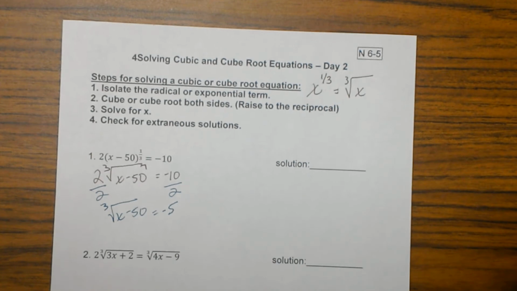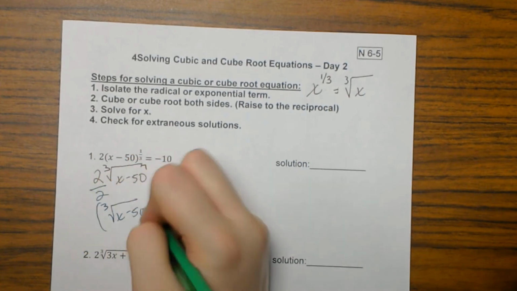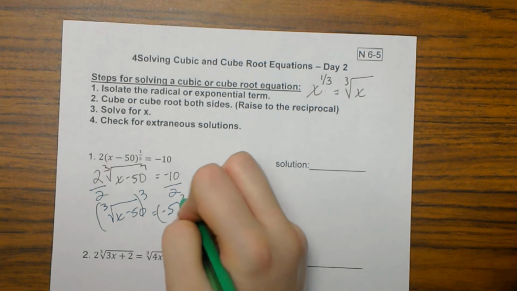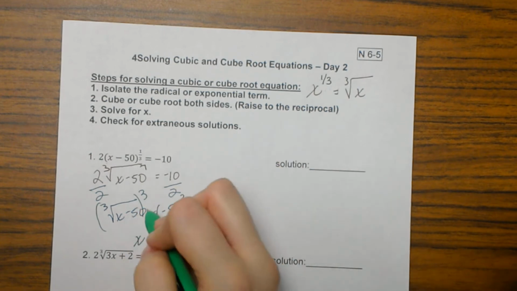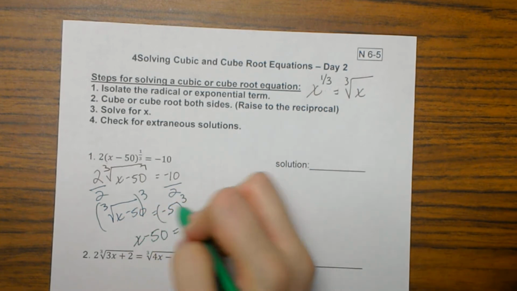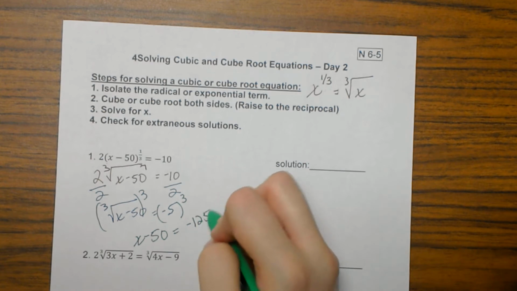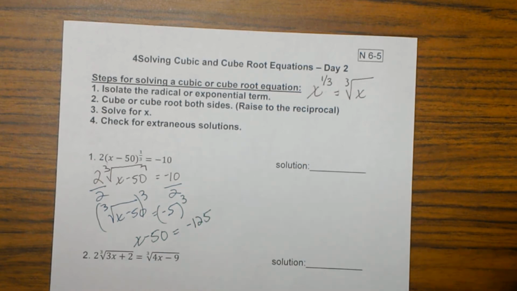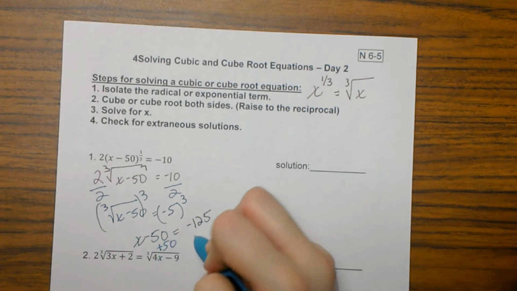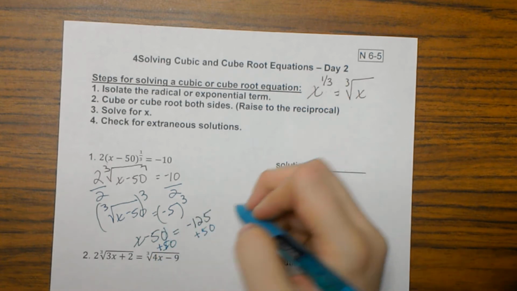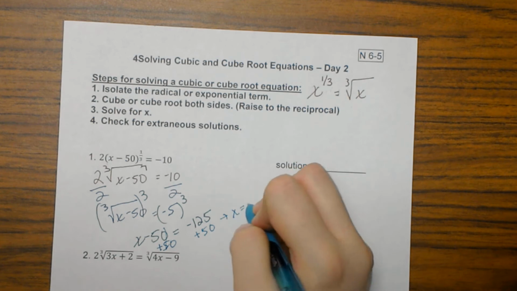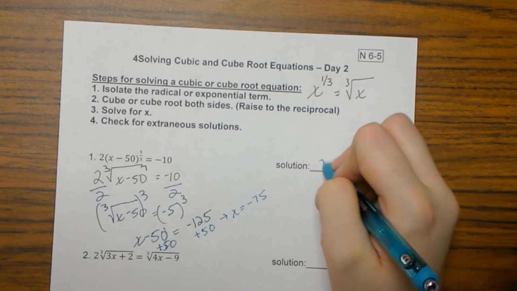Now to get rid of the cube root, I'm going to cube both sides. That leaves me x minus 50 equals -125. So I'm going to add 50 to both sides, and that gives me x equals -75.